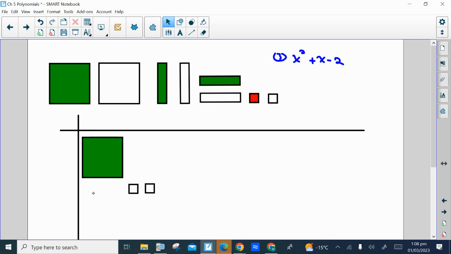We have 3 spaces to fill in with x tiles, but together they have to become positive 1x. And that will only work if we have 2 positive 1x tiles and 1 negative x tile. The 2 positive 1x tiles minus the negative 1x tile will give you plus 1x tile. One of the positive ones will cancel with the negative, and you'll be just left with 1 positive x tile.